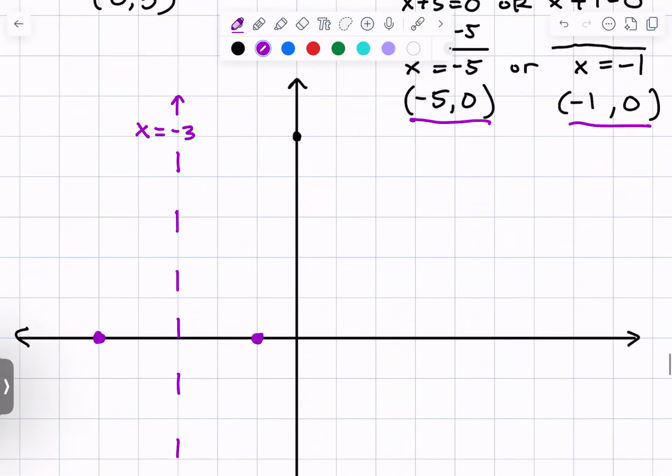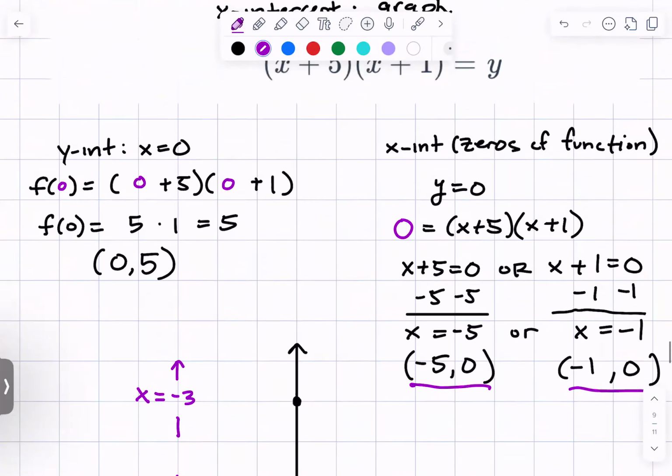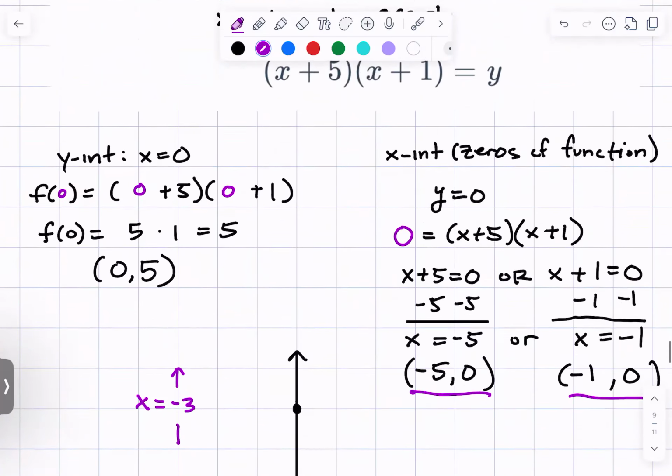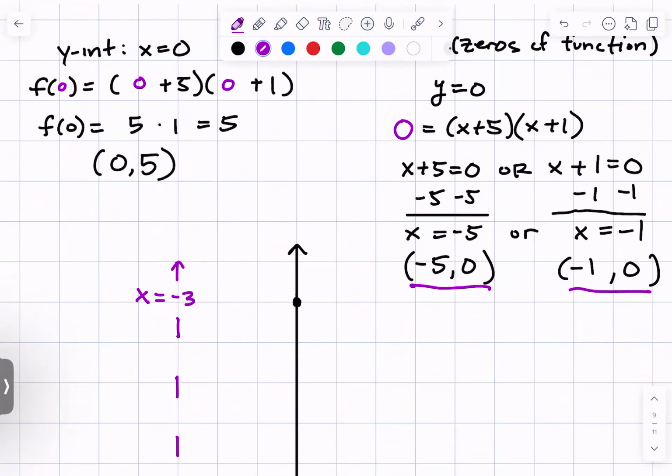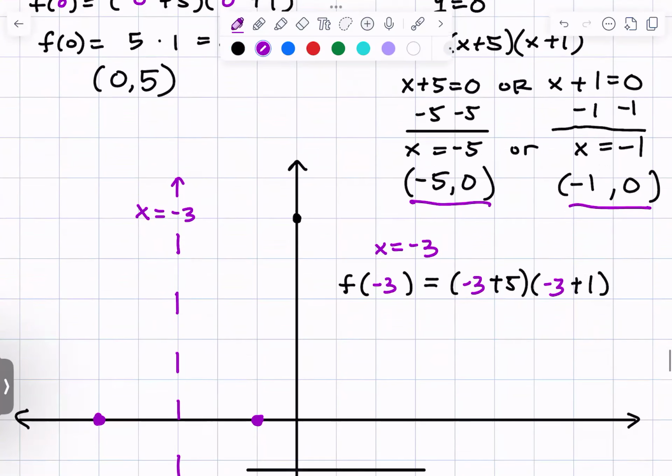So if x equals -3, I'm going to plug in -3 back into my function, okay, to figure out my vertex. So x equals -3. That means that f of -3 equals -3 plus 5 times -3 plus 1, right?